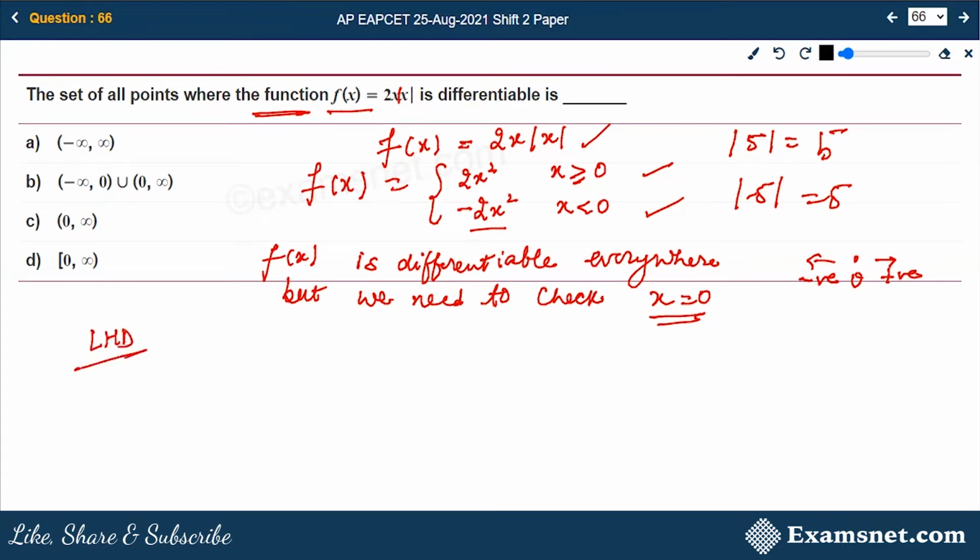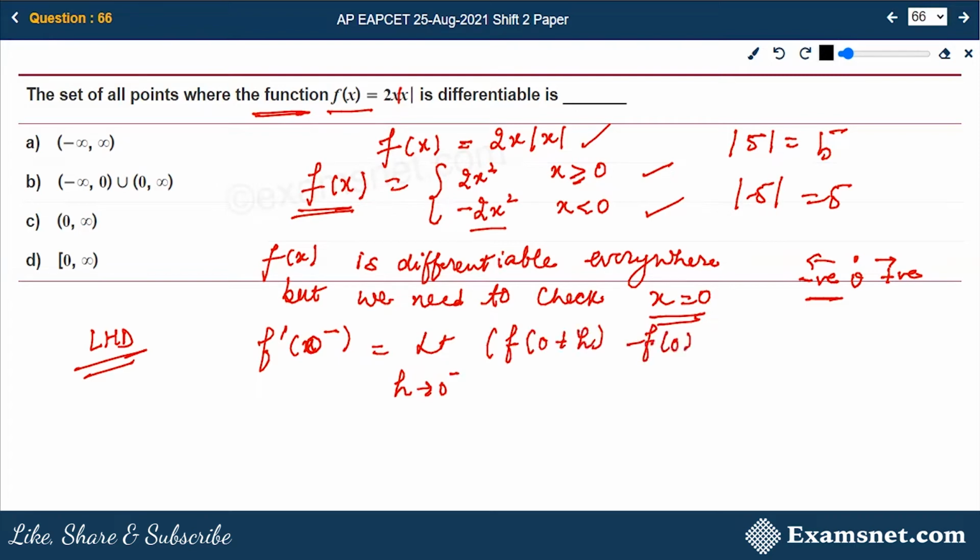The left hand derivative, f dash of 0 minus, is the limit as h approaches 0 minus of f(0 plus h) minus f(0) divided by h. So this is the limit h approaching 0 minus of minus 2h square minus 0 upon h. When h approaches 0, this whole will evaluate to 0.